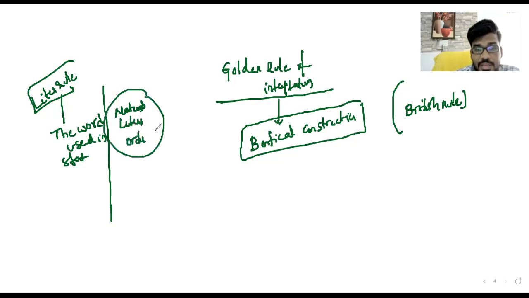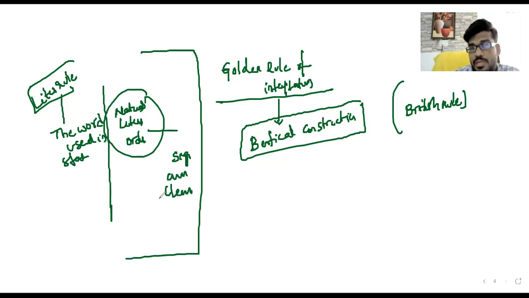Whenever the words have a single meaning, there is no ambiguity, there is a clear meaning, then only you can apply literal interpretation. That is what we have studied under literal interpretation. Whenever the words used in the statute have a clear, definite, unambiguous meaning, then you can apply the literal meaning, the natural, popular, grammatical meaning, and interpret the word.